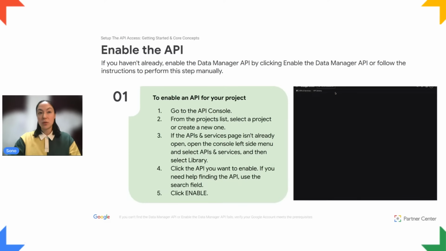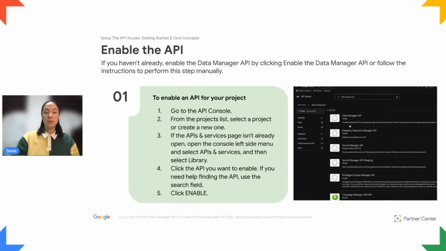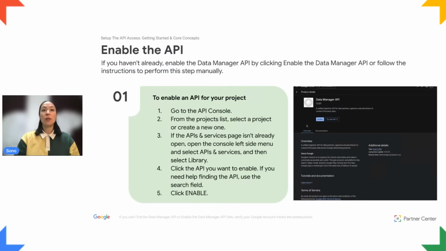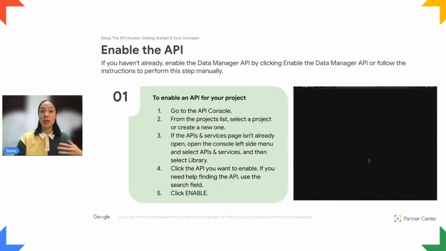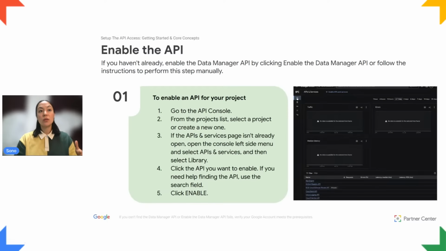So let's start with enabling the API. Within your GCP project, you will have the API library section. So if you haven't already, you would need to enable the Data Manager API by looking for it in the library. This is quite an easy step. You go into the API console, you would be able to see all the possible libraries and services. And then what you would need to do is to select the API and enable it.